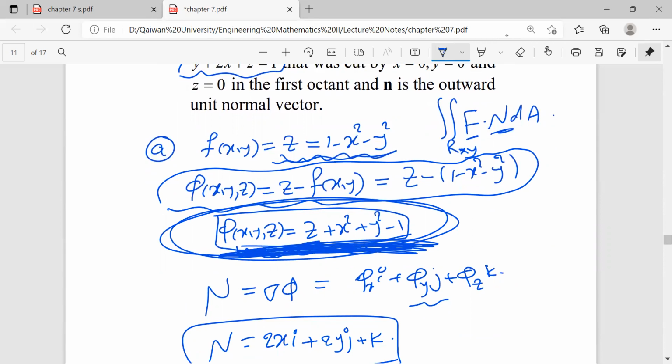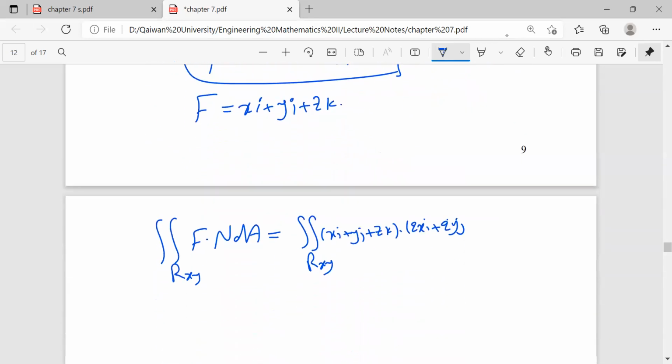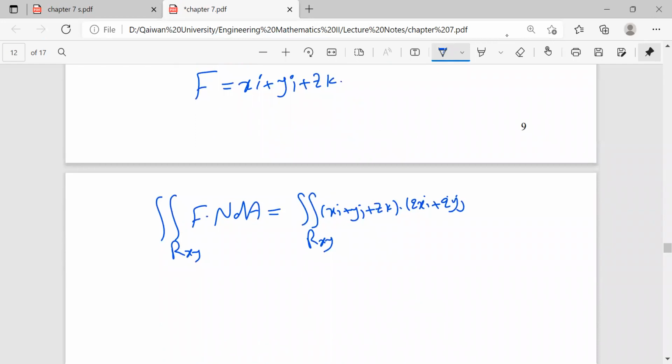You see, n is the gradient of phi, which is phi sub x i plus phi sub y j plus phi sub z k. That's how to get n. And F is given, so we just plug into the integration.